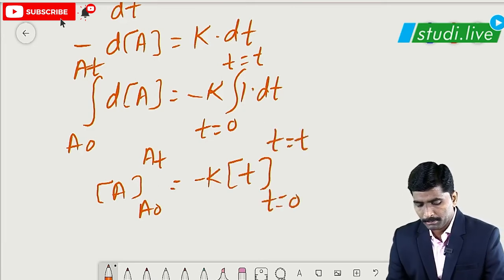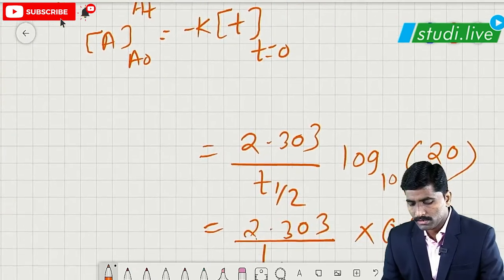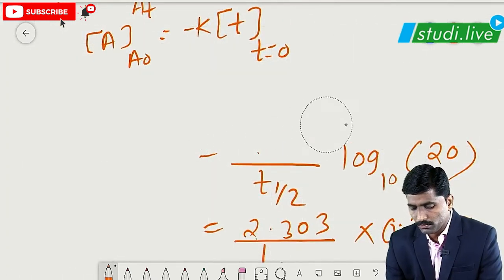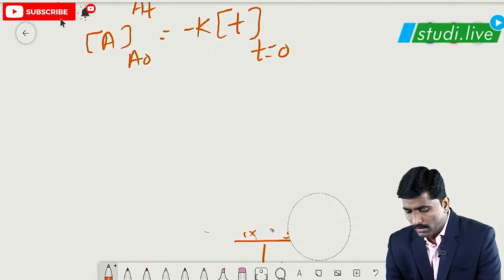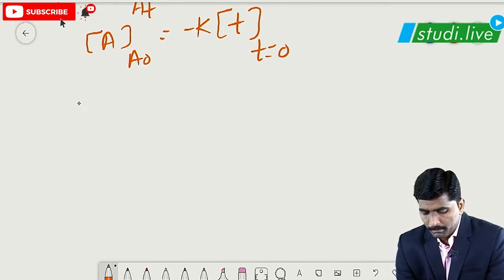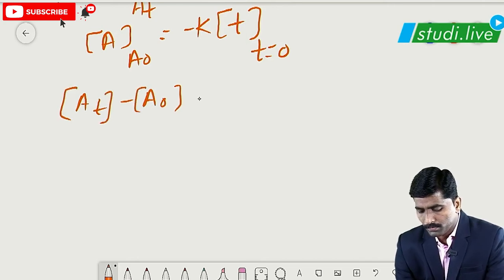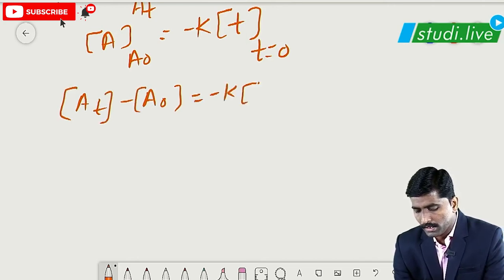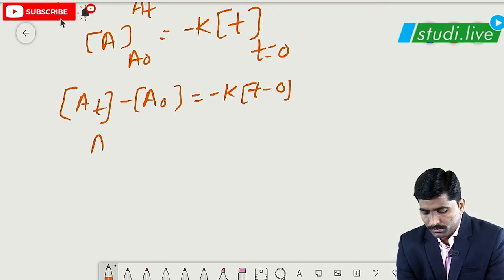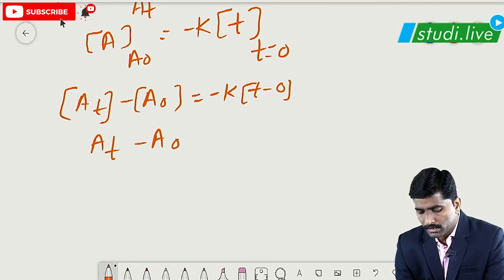On substitution of these values, what we will have is At minus A0 is equal to minus Kt minus 0, isn't it? So what is left is At minus A0 is equal to minus Kt.